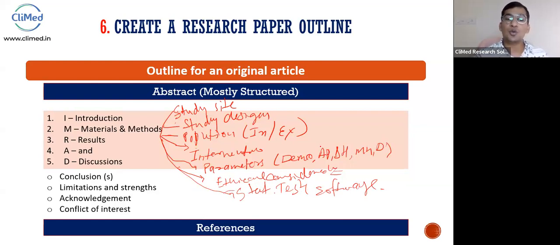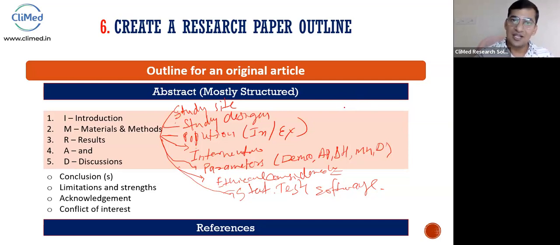Then you will go to the results, and the results should follow your aim and objectives. Based on the objectives, you will write your results. Before the objectives, you will write about the population, and then start writing the results about objective 1, objective 2, or the primary objective and secondary objectives.